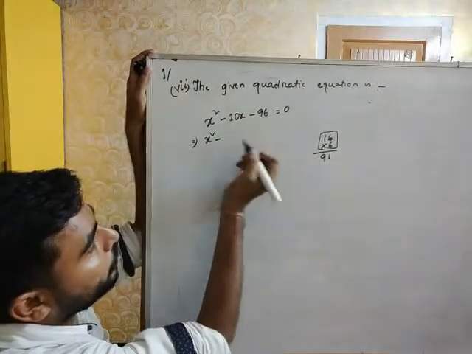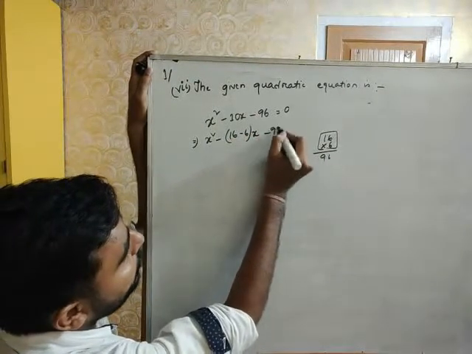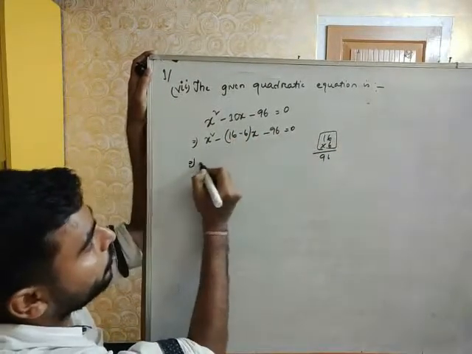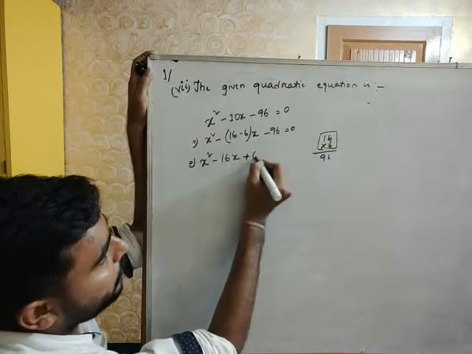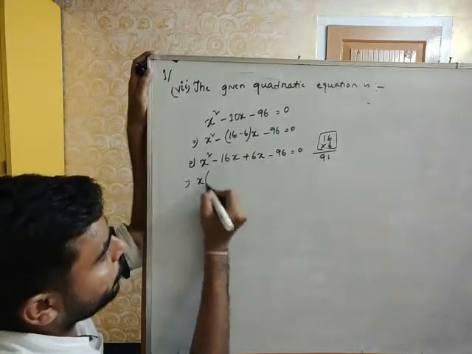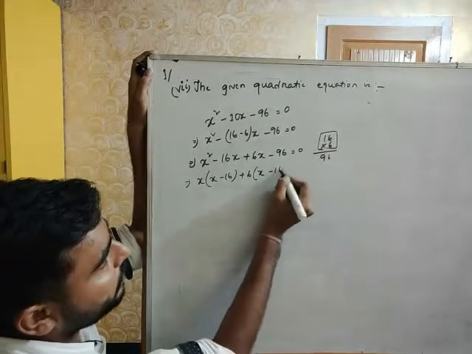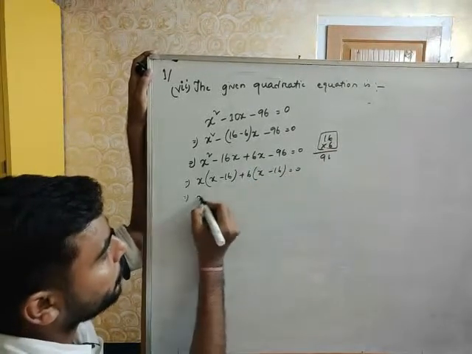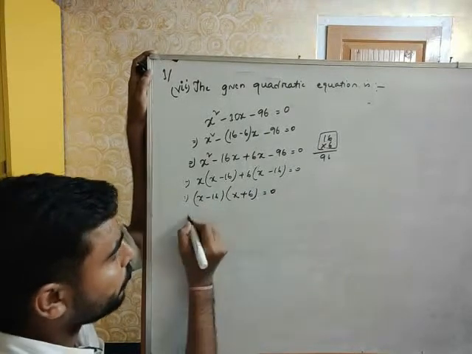So it will be x square plus 6 minus 16 into x minus 96 is equal to 0, which implies x square minus 16x plus 6x minus 96 is equal to 0. x remains here, x minus 16, plus 6 remains here, x minus 16 is equal to 0. So x minus 16 and x plus 6 is equal to 0.